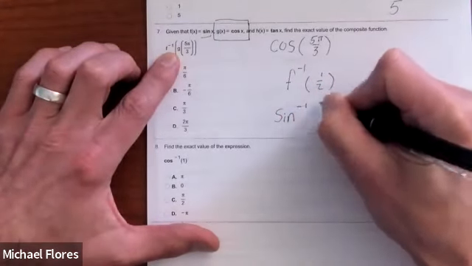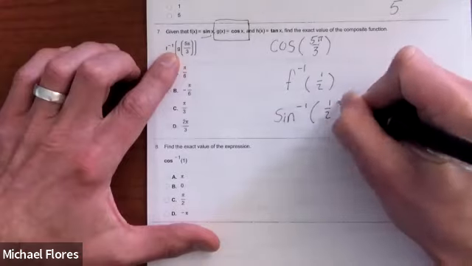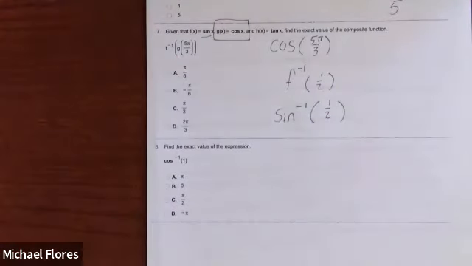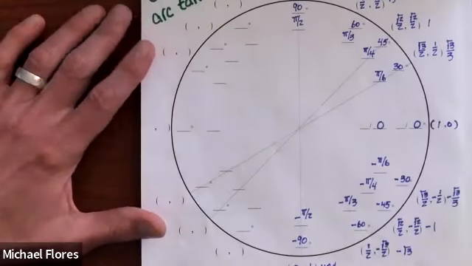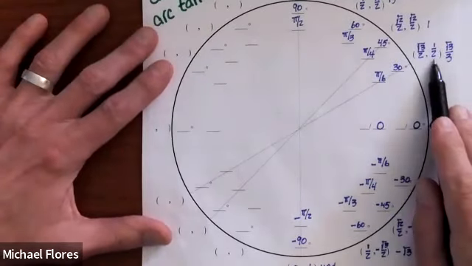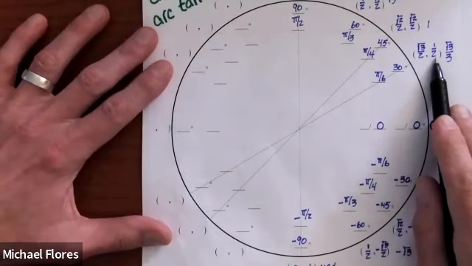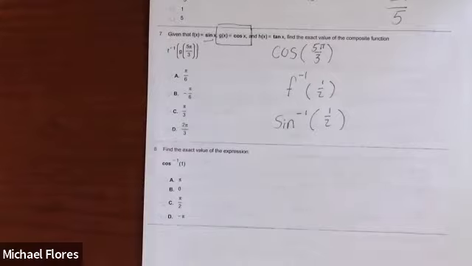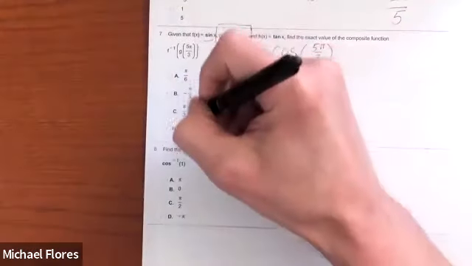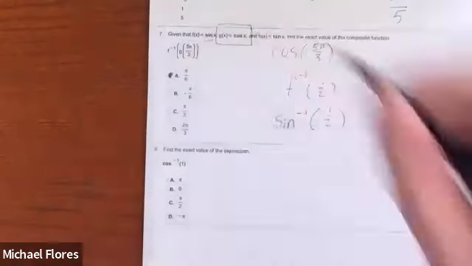So inverse sine of 1/2. So make sure you grab your arc sine cheat sheet. Figure out where is our sine value 1/2. There it is. And what are the radians at that point? Pi/6. There it is.